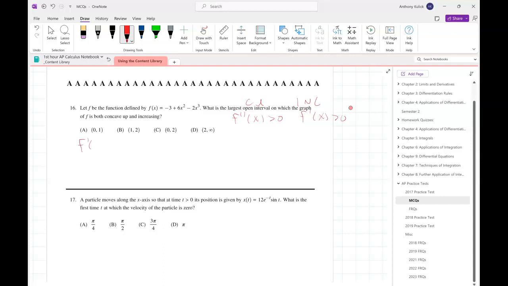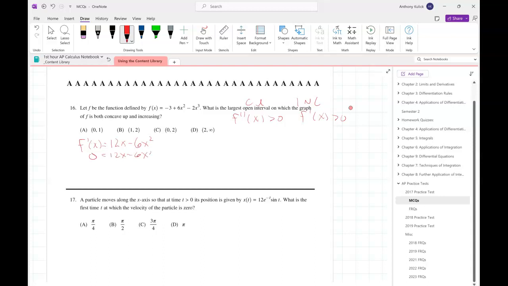So they thankfully gave us a pretty easy function to work with. When I take the first derivative, that's 12x minus 6x squared. Now, how do I figure out where that's greater than 0? Yeah, good.